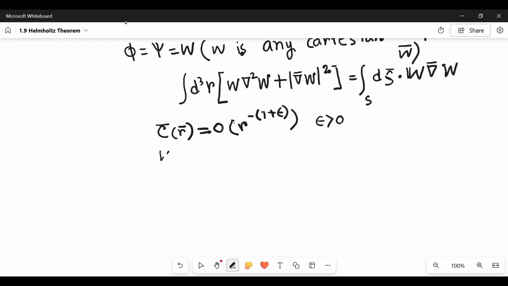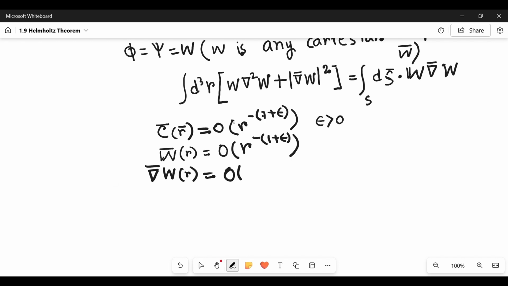So W of R has to be also of order R to the power minus 1 plus epsilon. So gradient W should be of order R to the power minus 1 plus epsilon minus 1.